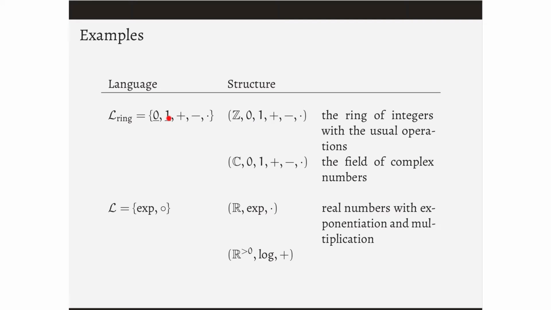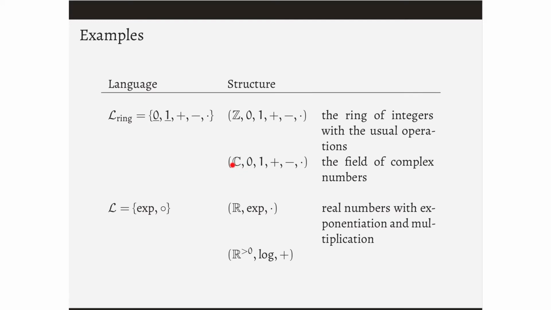The constant symbol 1 will be interpreted as the integer 1. And then plus, minus, and times are just the corresponding operations on integers. So there you see, you choose the language usually with the interpretation you have in mind for this, right?